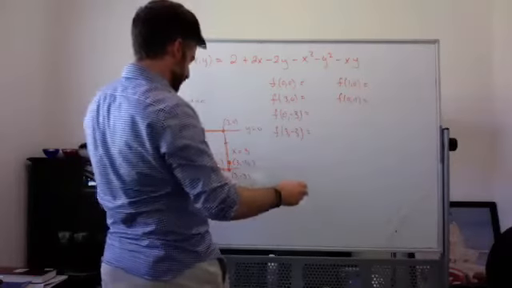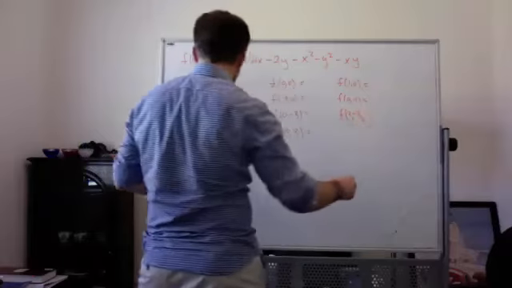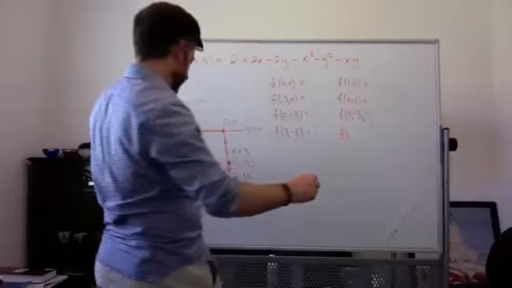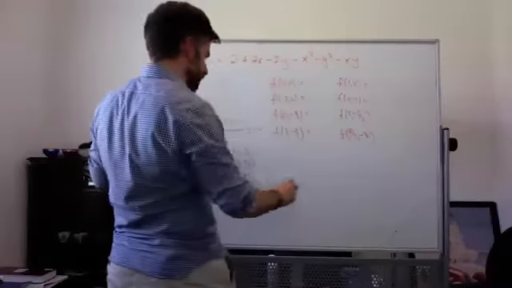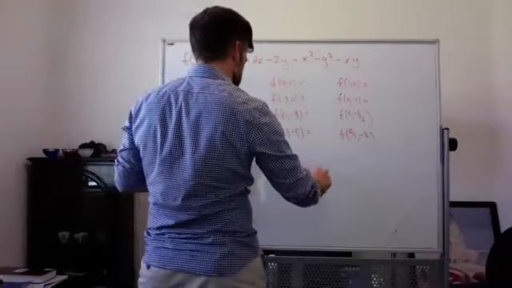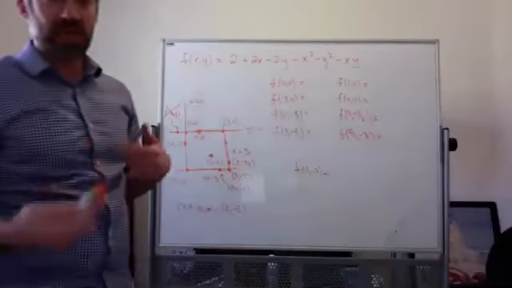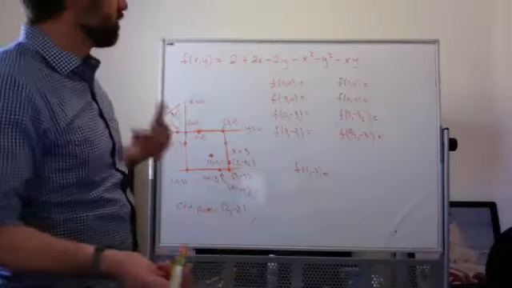These ones are going to be kind of a pain. And finally, this one in the middle, f of 2, negative 2. Then we calculate each of those and figure out which one's the biggest and which one's the smallest. So let's do it real quick.